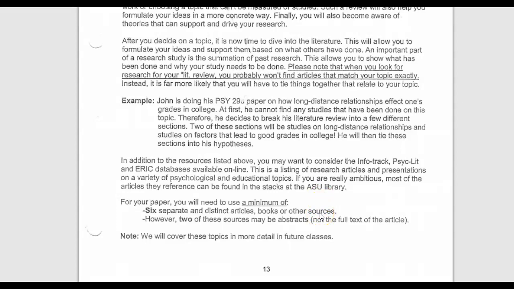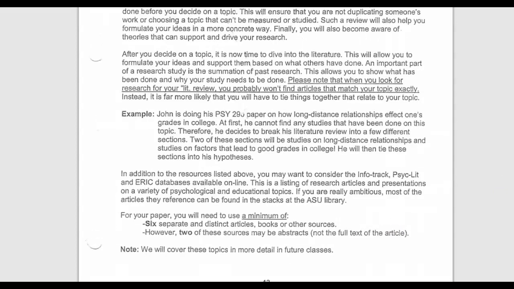And in the labs, this is exactly what we are going to be talking about. It is okay if 2 of those sources are just abstracts. That is like a paragraph that summarizes the research article. That is fine. But you want the other 4, most of them, to be the whole article, and you're going to write about that in your literature review.